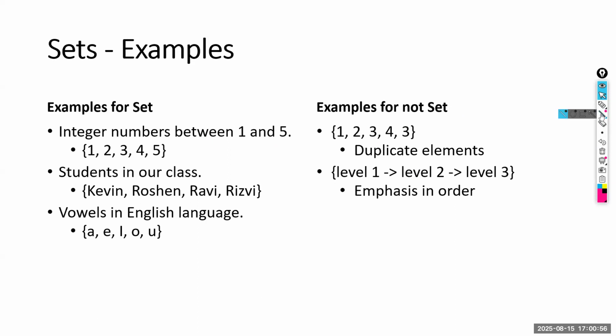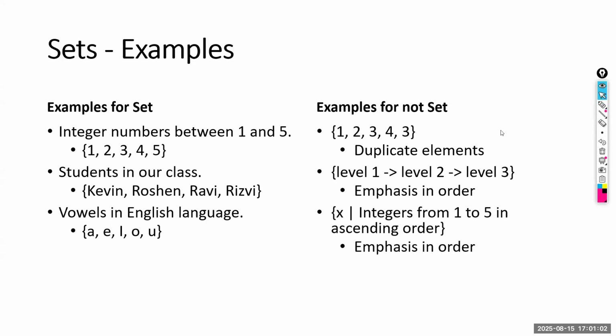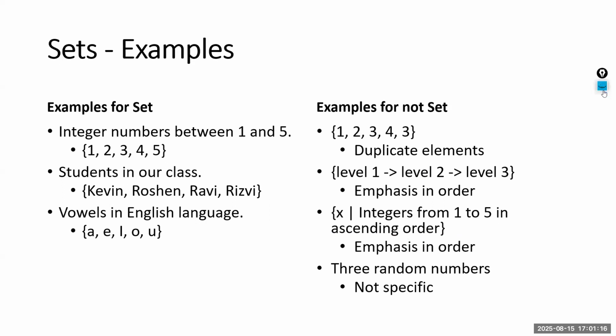The moment you see that an order is there, like level 1 to level 2, level 2 to level 3, it's not a set. And the moment you see something like ascending order, descending order, it's not a set, because order must not be important. And if it is not very specific, like 3 random numbers, no, those are not sets, because if I ask for 3 random numbers, 10 people will give me 10 different answers.